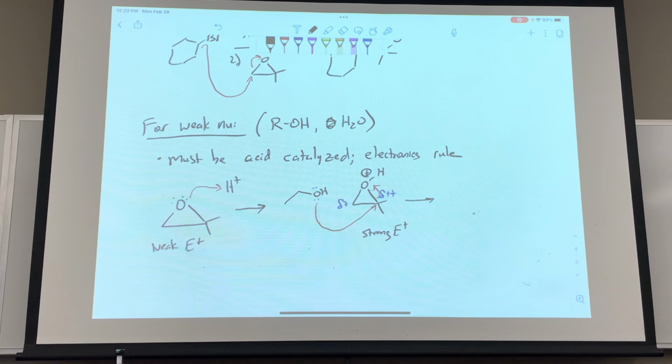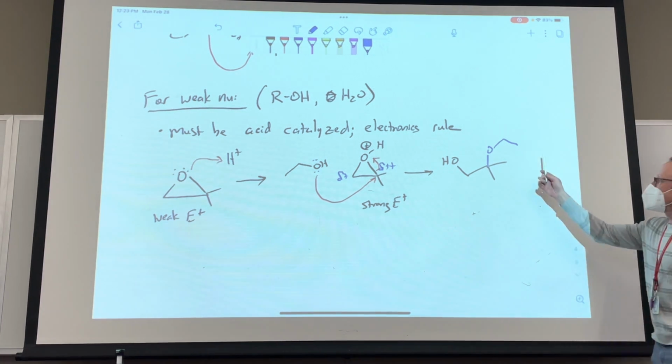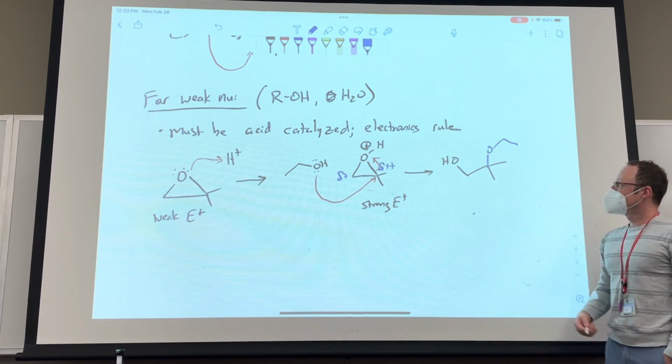So following the arrows of this, I think what we would make would be, I'm gonna color code this a little bit because it'll make it easier to see, hopefully. We get something like that, where the blue came from the alcohol, the ethanol, and the black is from the epoxide.